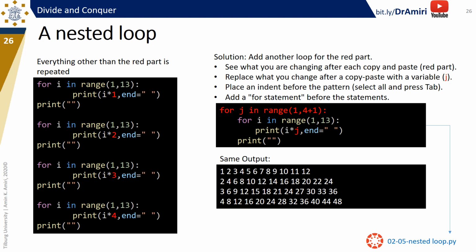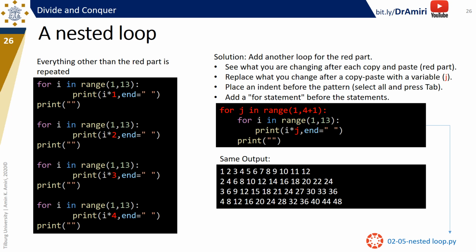What you need to do is find the pattern here, find the fixed part, and find the changing part. As you can see here, only the red parts are changing in this pattern. So what I'm going to do is replace the changing part with a new variable called j, for example, then put an indent so that the for loop goes to the right.